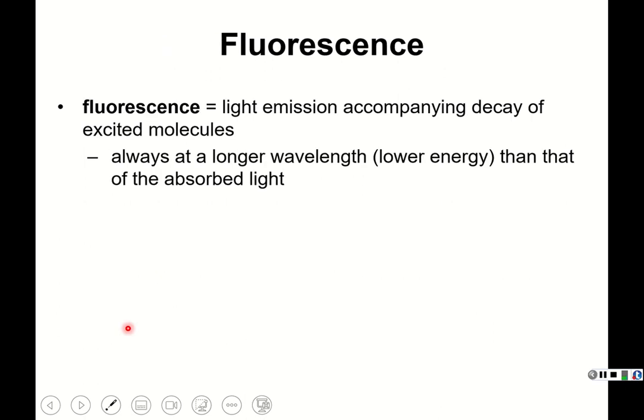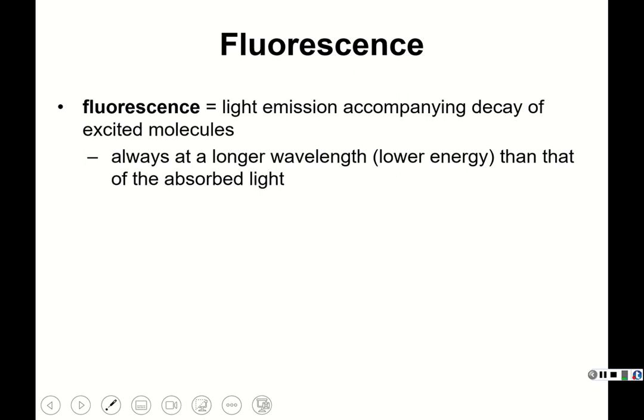Right, so what is fluorescence? Fluorescence is light emission accompanying the decay of an excited molecule. So you get an electron in an excited state. That electron goes back down to the ground state, and it releases a photon of light, okay, that release is always going to be a longer wavelength or lower energy than the light that was absorbed, just as you can imagine, by the first law, which states that the energy of the universe is conserved.